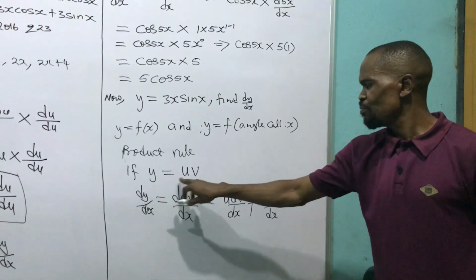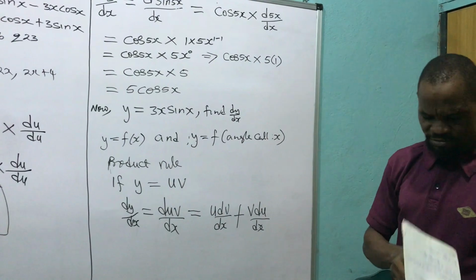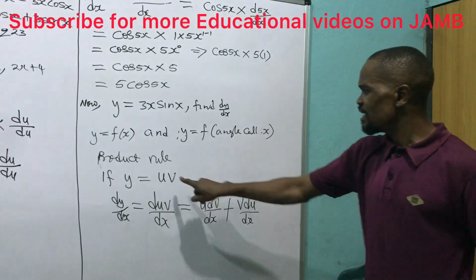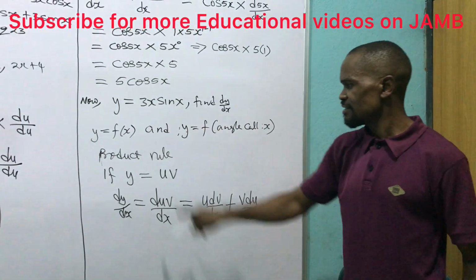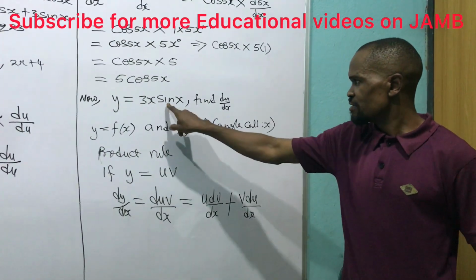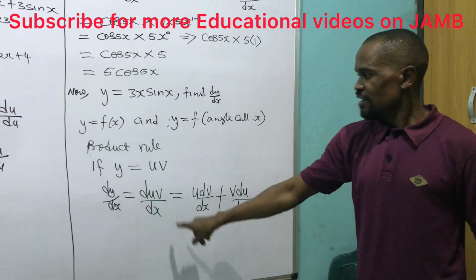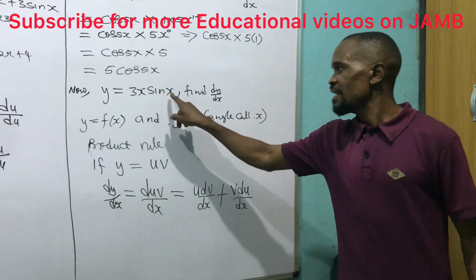For this to be a function of u and v: in this case, what's the u? 3x. What's the v? Sine x.